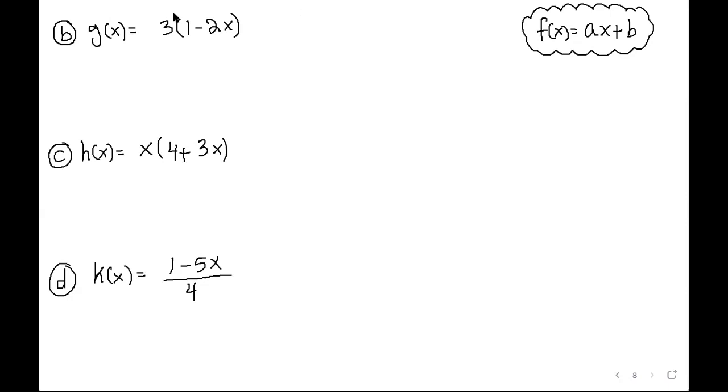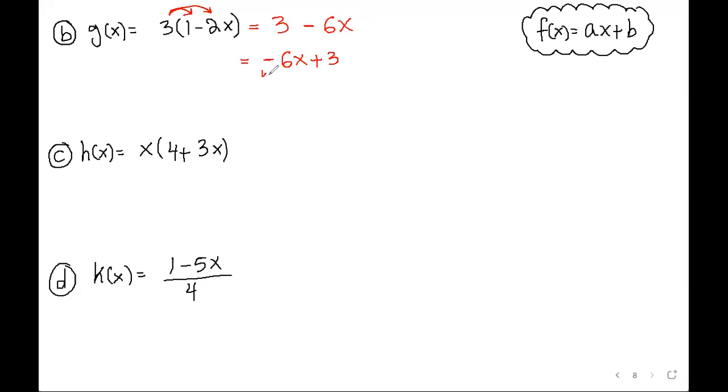Because if I expand this one, distributing the 3 inside the parentheses, I get 3 times 1 is 3, minus 3 times 2 is 6x. And again, this is equal minus 6x plus 3.